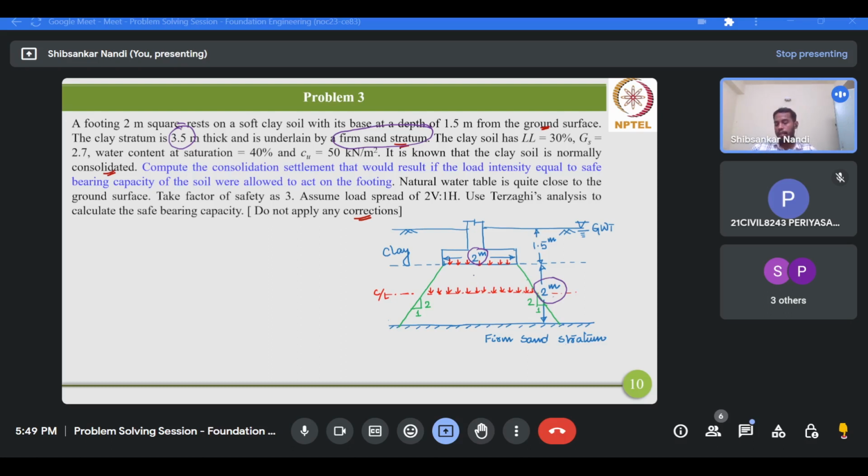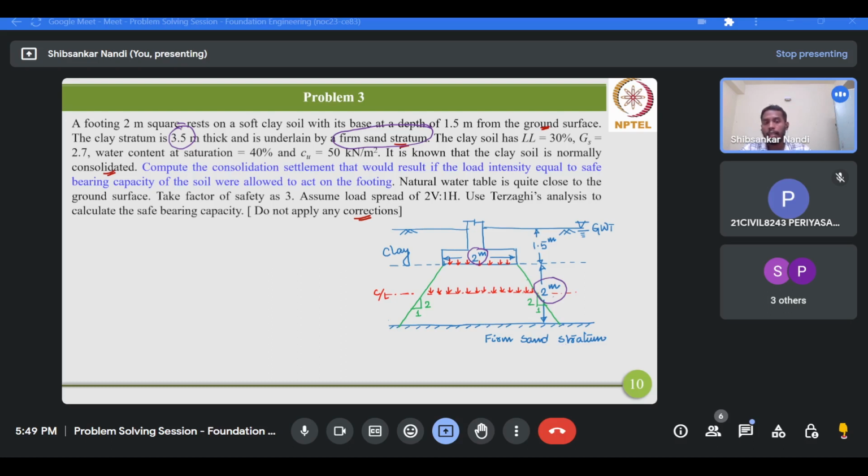Now a few things that we should keep in mind. First of all, this clay stratum is supported by a firm sand stratum, so there is no question of calculating the consolidation settlement of the firm sand stratum. Whatever settlement it experiences will simply be elastic or immediate.